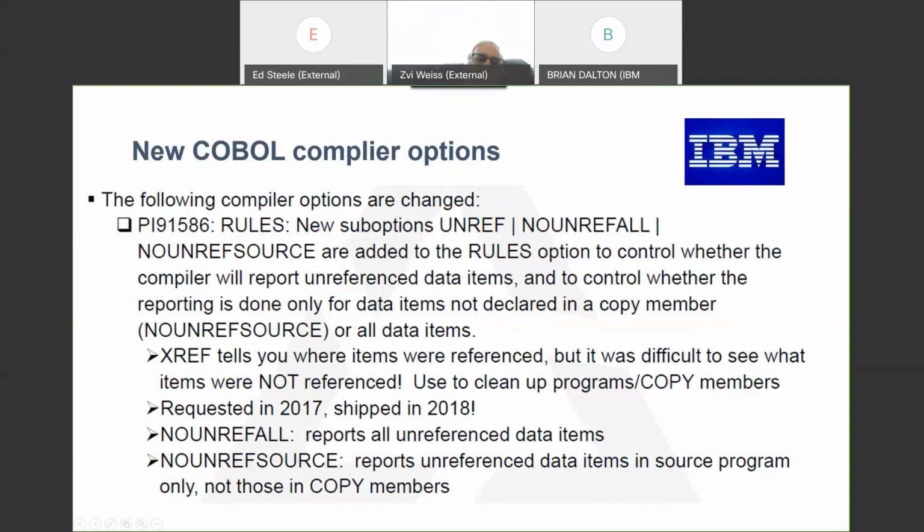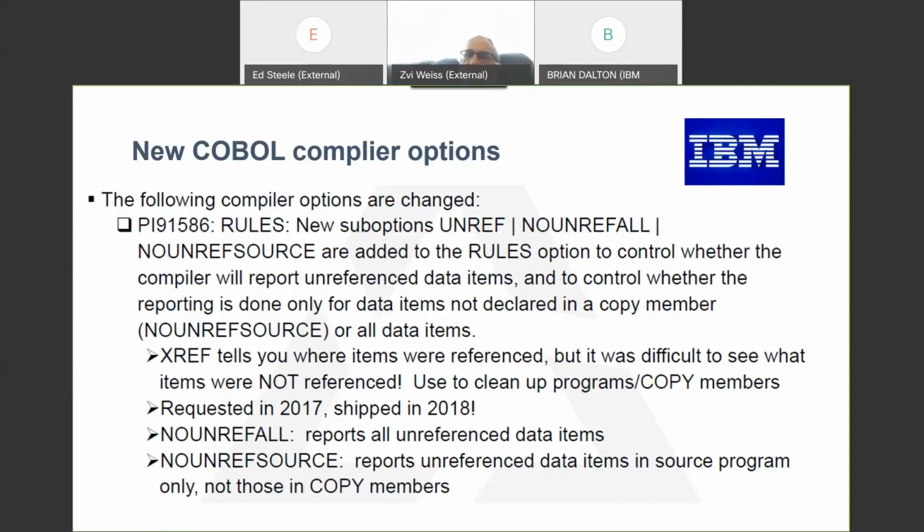Okay, now, as I mentioned earlier, we have the rules which flag if a developer is violating a standard. Now, one of the rules was no unref. That is that somebody had a data item that was defined and it wasn't referenced in the procedure division. So of course you can ask, well, why in heaven's name is it defined? And that's what management might ask also.